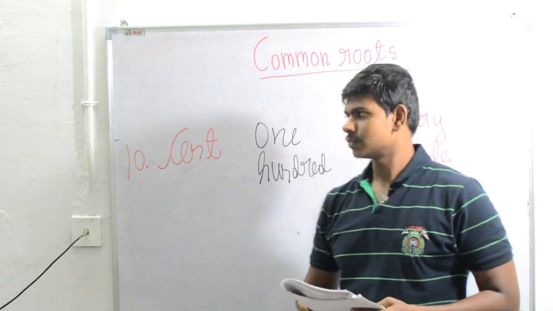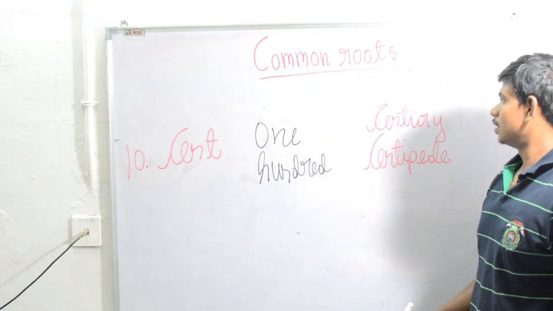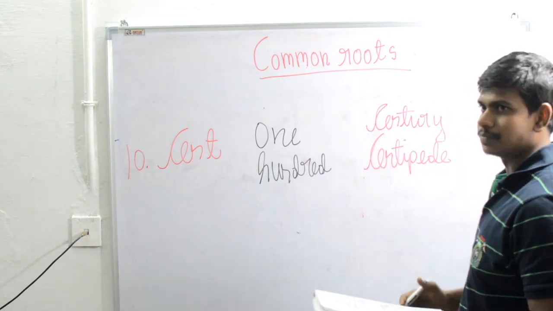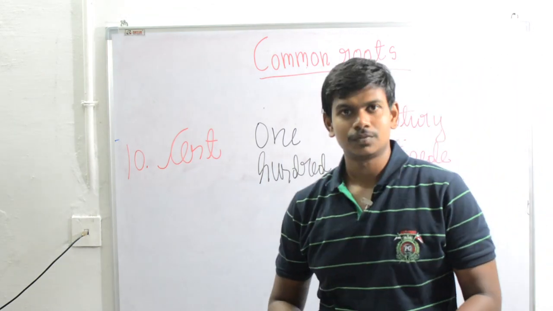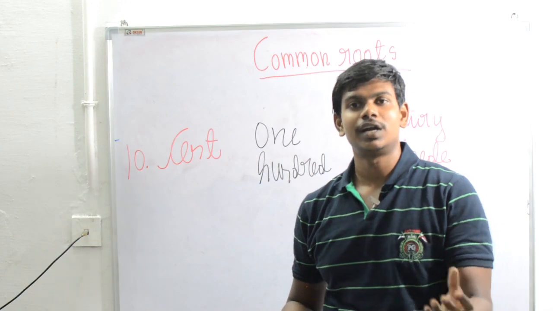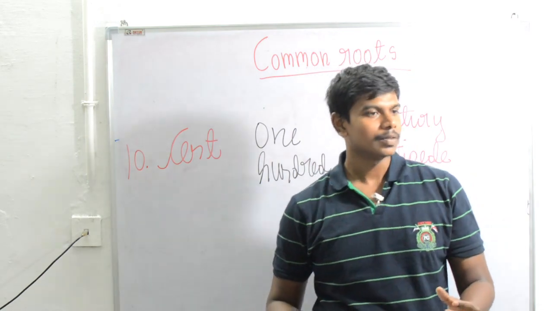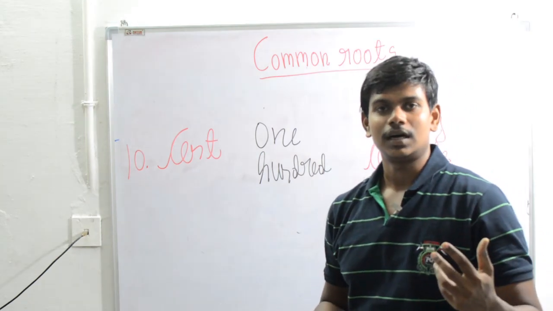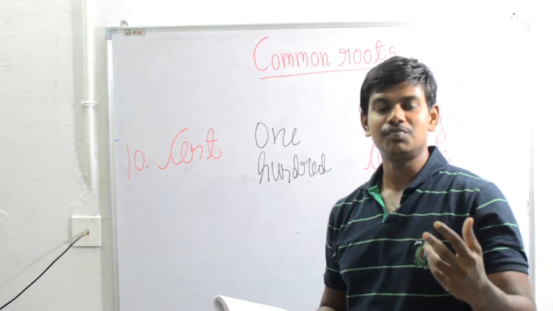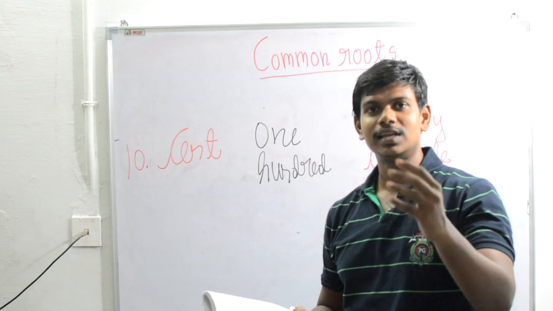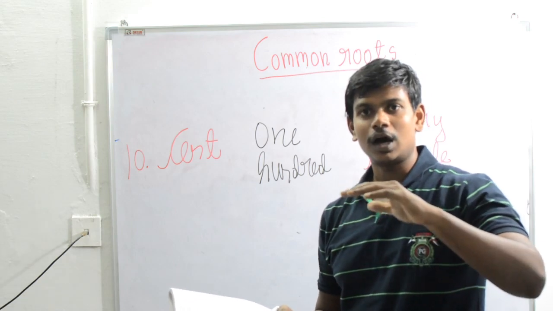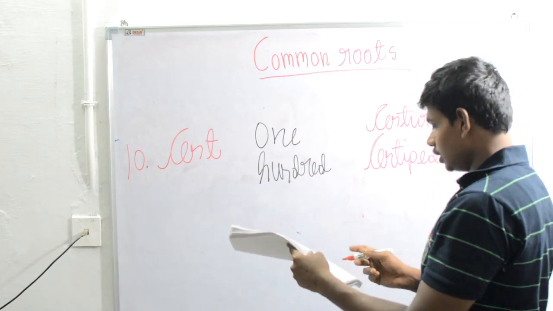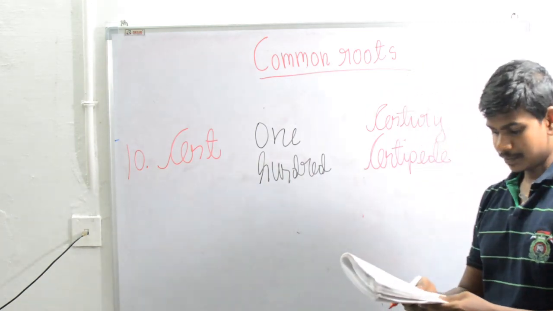Cent means 100. Some of the examples I took are century and centipede. Century means 100 years. Example, there lived a king before a century, which means there was a king who lived a century ago. The second example is centipede.